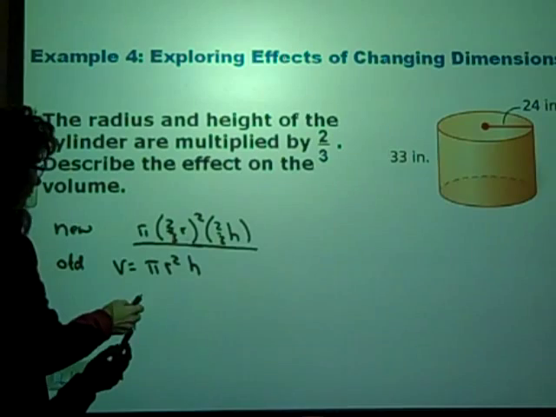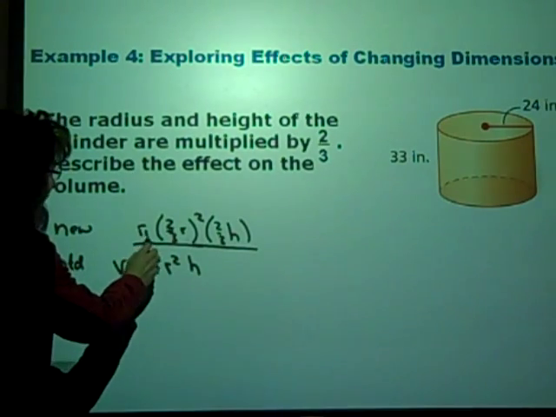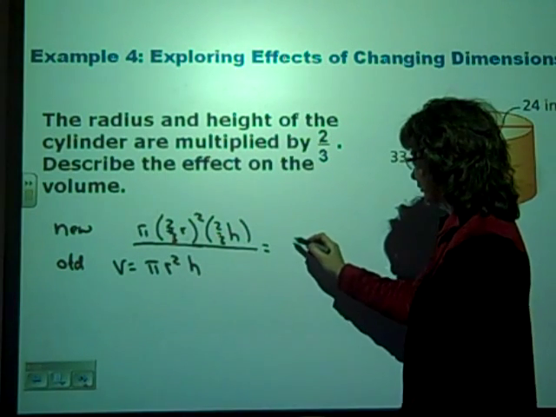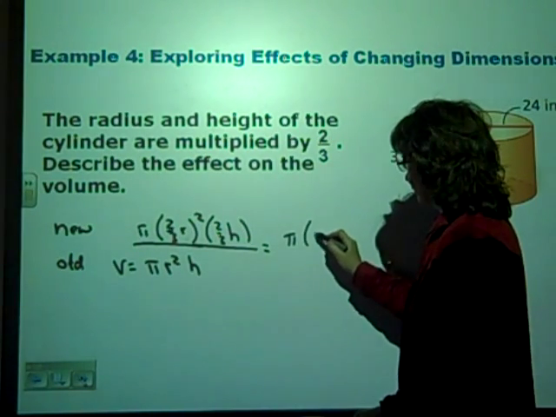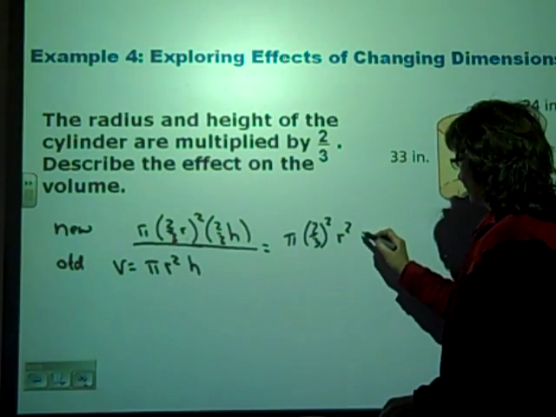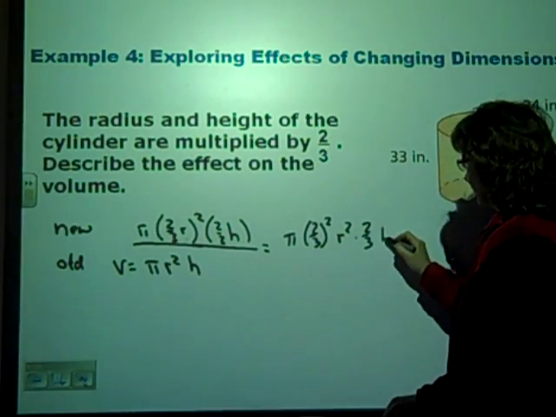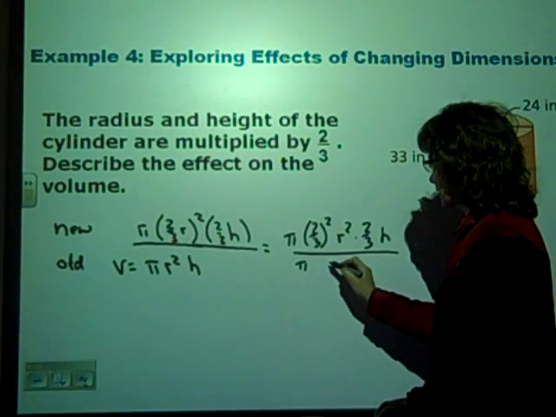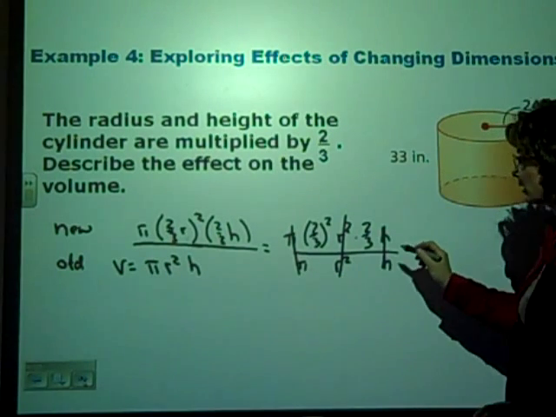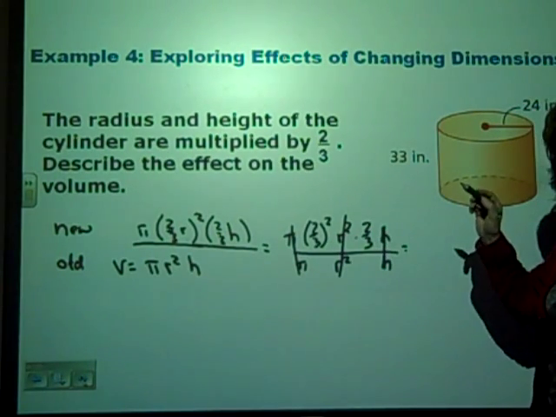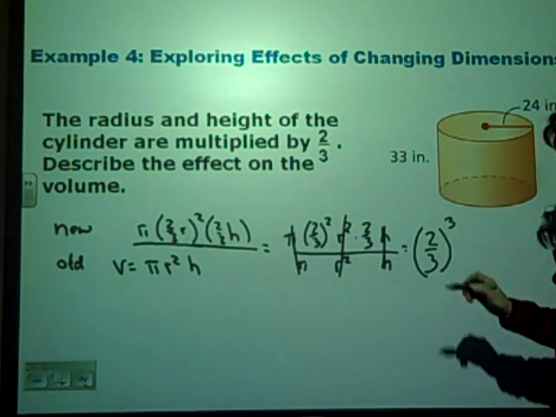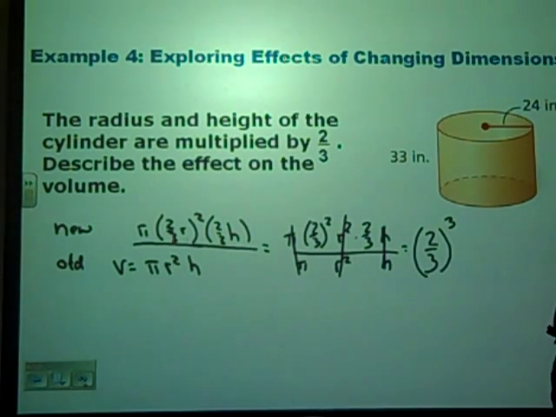Well, to simplify that, I have to square both these things. So I have pi times 2/3 squared times the radius squared times 2/3 again times the height, over pi r squared times the height. Original formula cancels out, and notice what you're left with is the scale factor cubed. Volumes in cubic units.